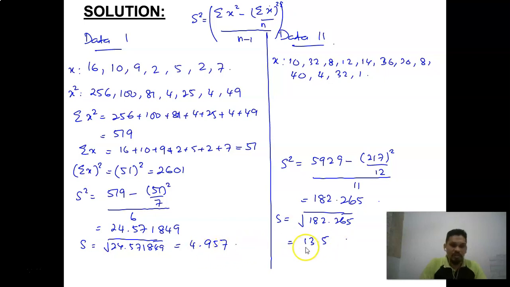So from these two results, 13.5 and 4.957, data 2 is more dispersed than data 1.